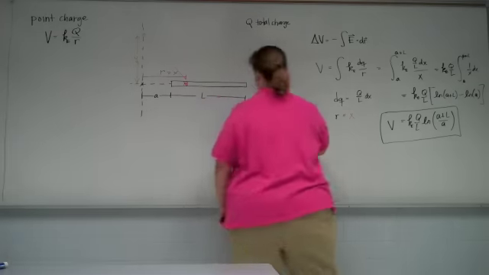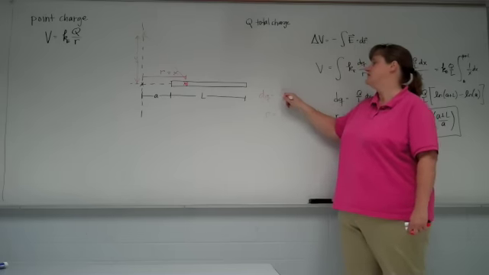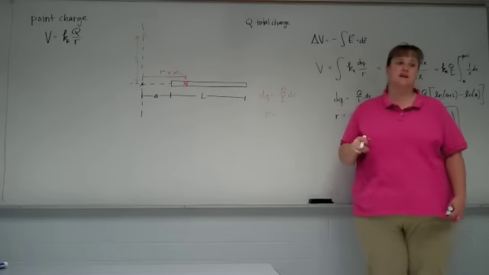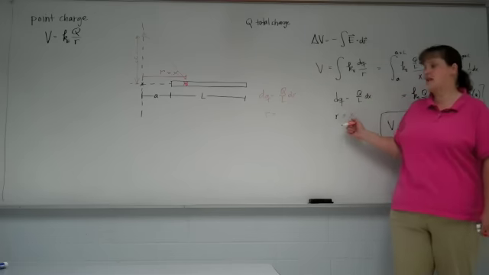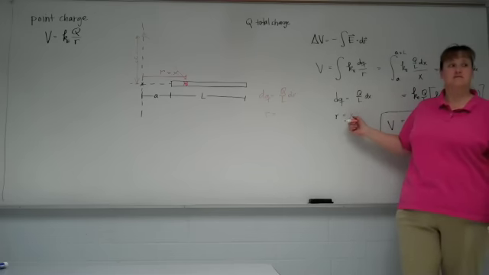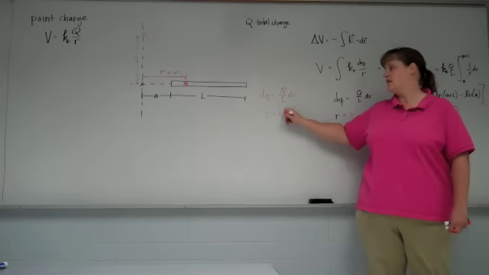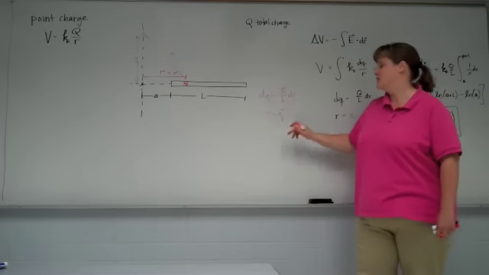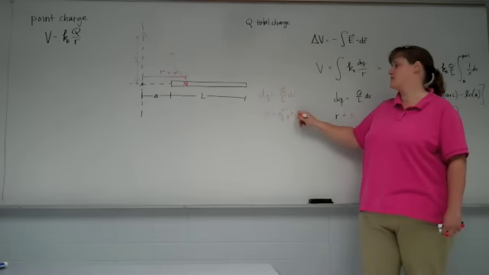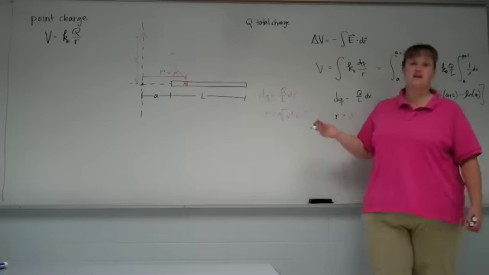Still in the x direction, so dq is still q over L dx. Is r still x? R, that hypotenuse, will be the square root of x squared plus y squared, where y is a constant.